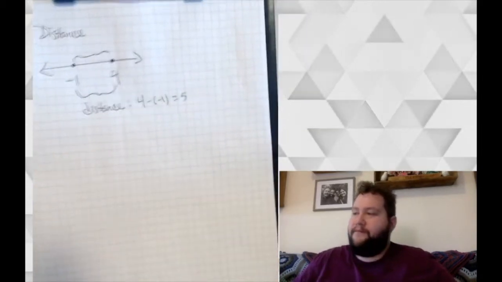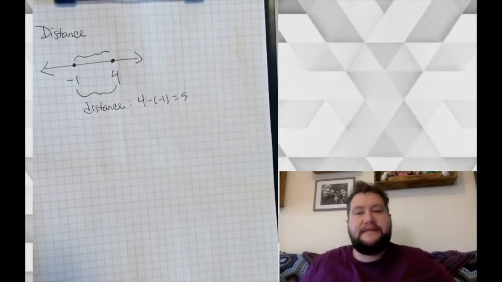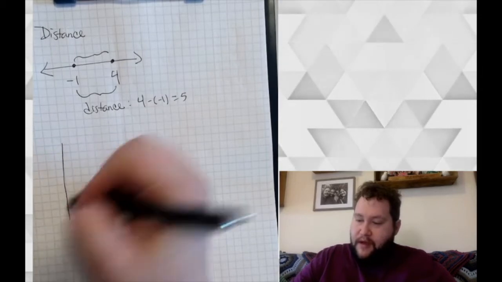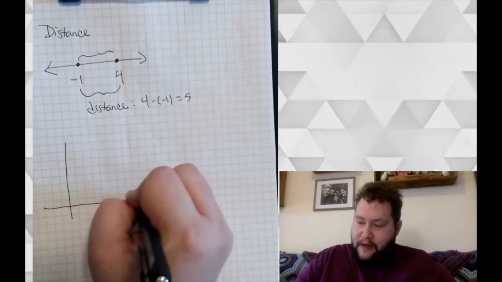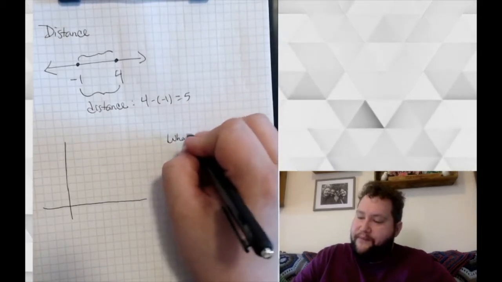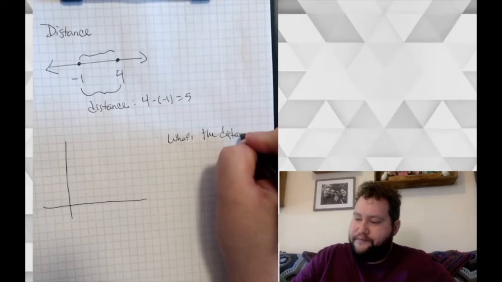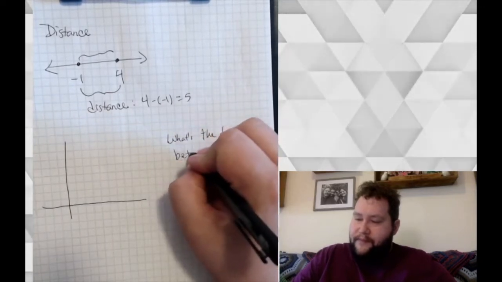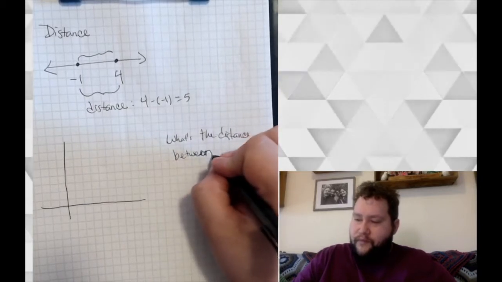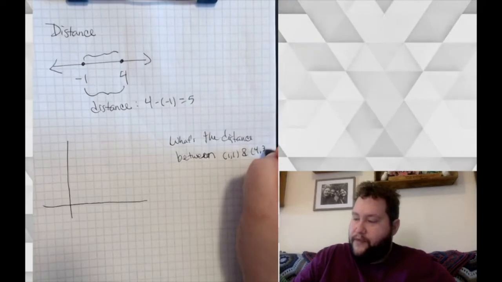But if we're in a coordinate plane, is distance as straightforward? So let me draw, and I'm going to draw kind of an abbreviated coordinate plane. And I say, what's the distance between (1, 1) and (4, 3)?